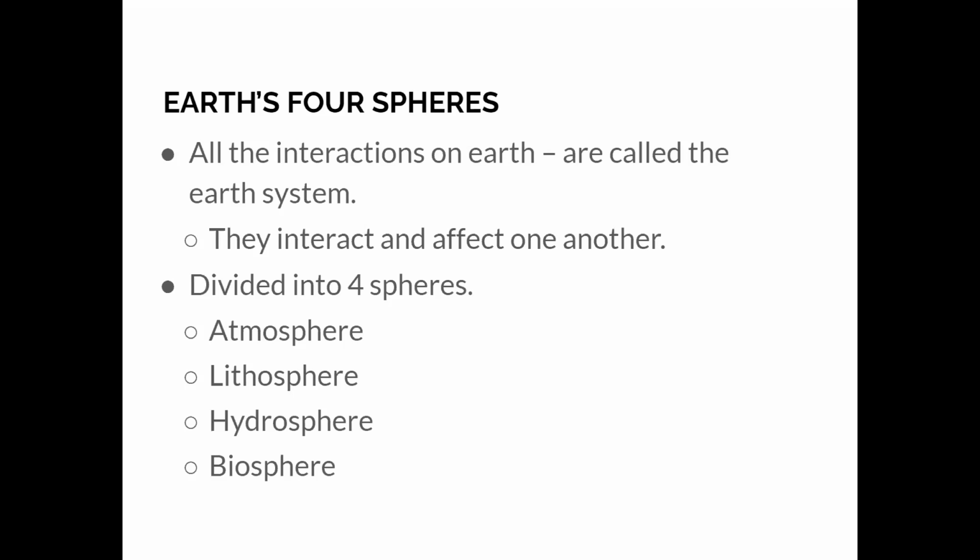So again, we're starting off looking at all these interactions on Earth as the Earth system, interacting and affecting one another. And then we're looking specifically at the 4 spheres: atmosphere, lithosphere, hydrosphere, and biosphere.